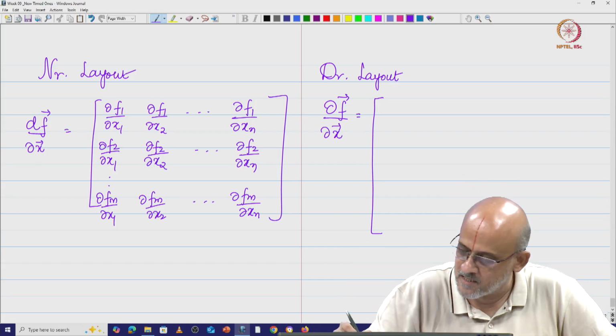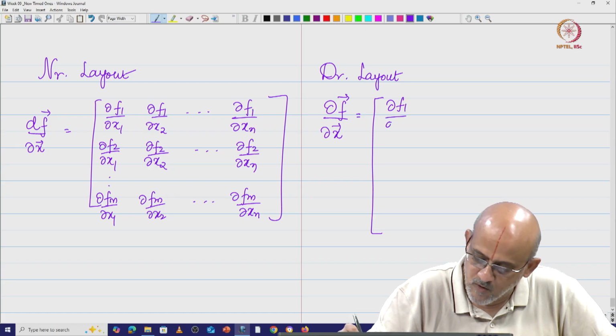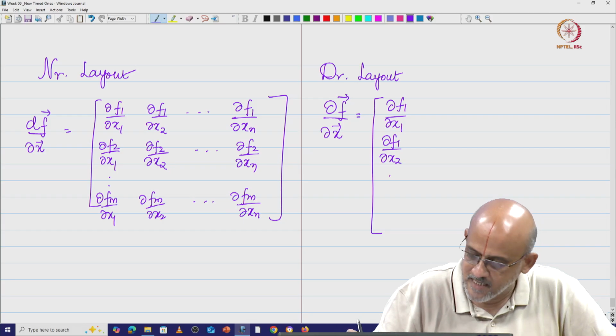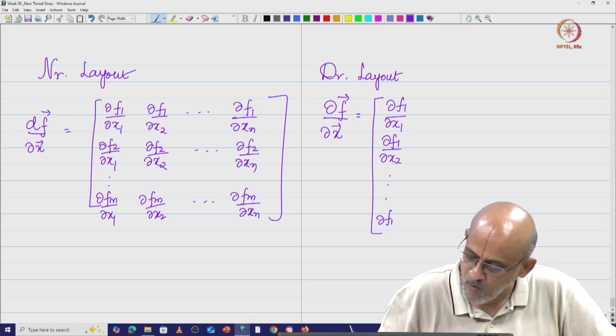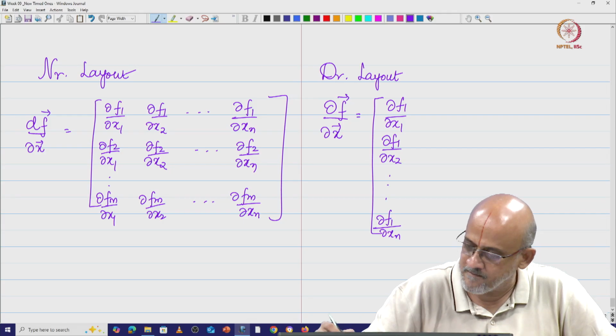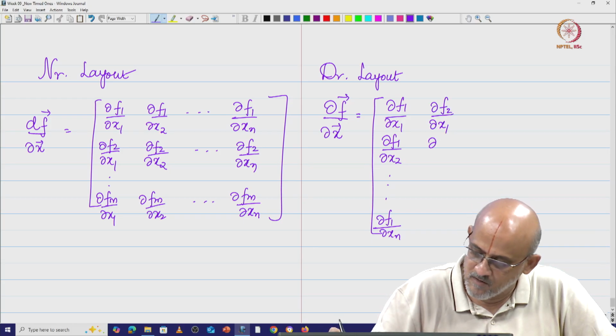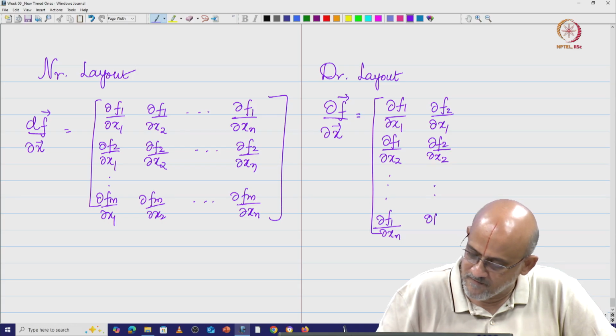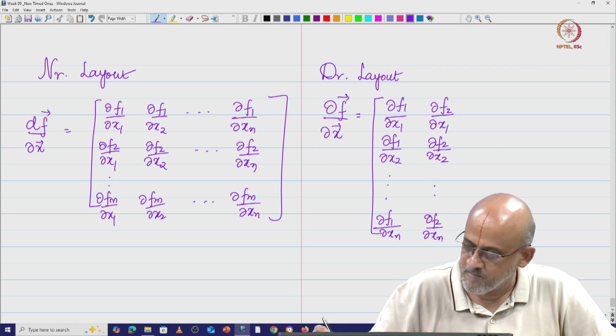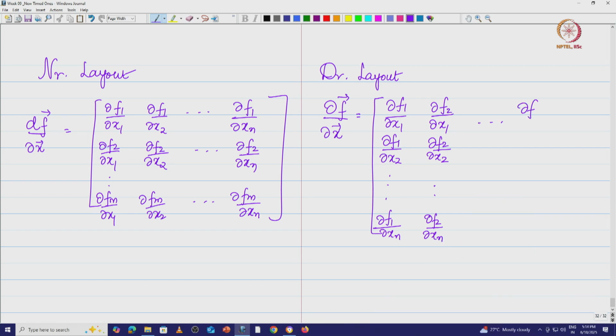So, I write dou f1 by dou x1, dou f1 by dou x2, etc., dou f1 divided by dou xn. The second column is the gradient of the second function, dou f2 by dou x2, etc., dou f2 divided by dou xn, and it goes on. The mth column is dou fm by dou x1, etc., dou fm by dou xn.